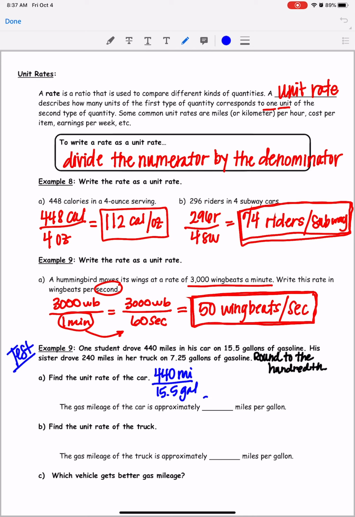So that becomes 28 point, if you type that in your calculator, you'll see it's 0.387. That 7 makes that 8 go up, so 0.39.